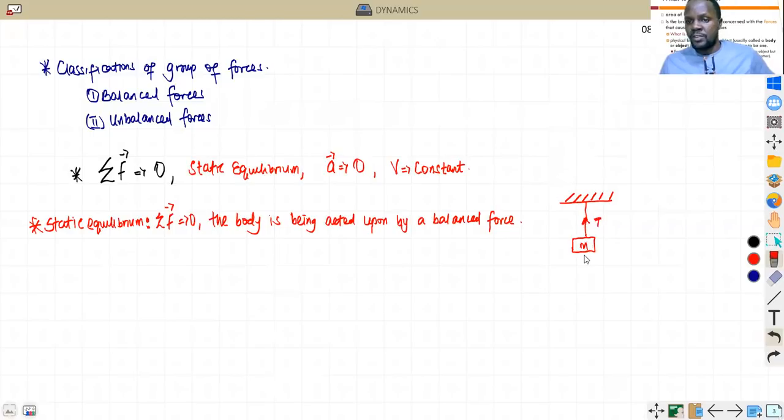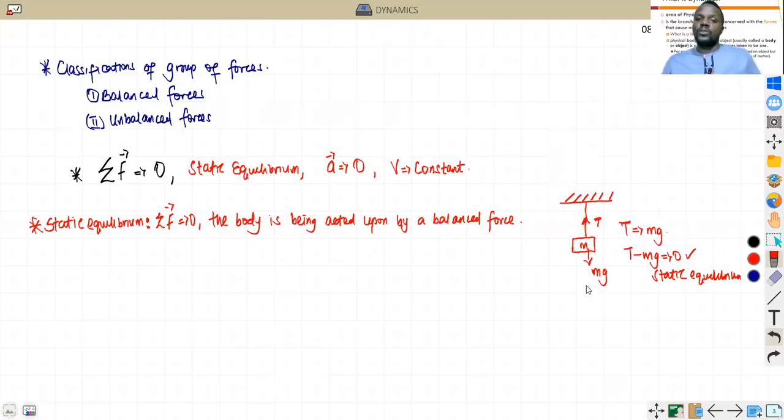Don't worry about the explanation; I'll give you more on that under Newton's laws of motion. The weight of the block, which is mg, will act downward. So the tension is balancing the weight. You can see the total force acting here, T minus mg, is equal to 0. In such a case, you can say it is a form of static equilibrium.